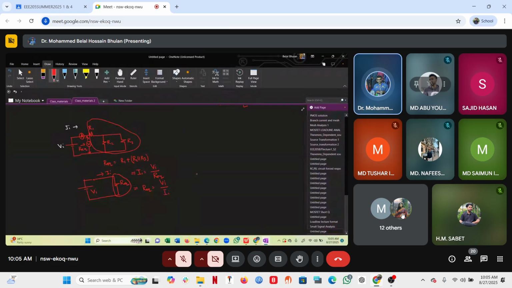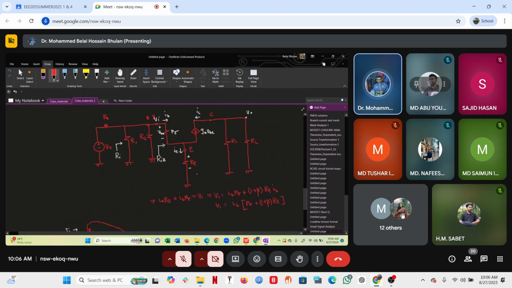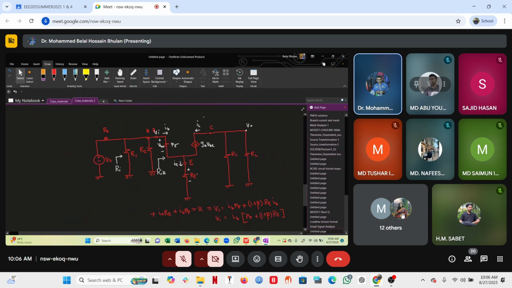That's one way. Another way is that I determine the voltage between these 2 points, measure the current, and divide the voltage by the current. So that's what we're going to do to determine this. Just a second.